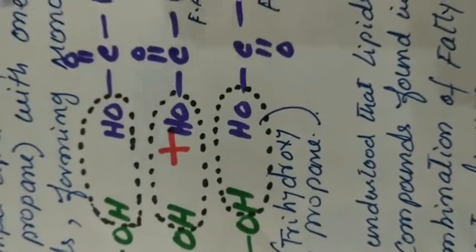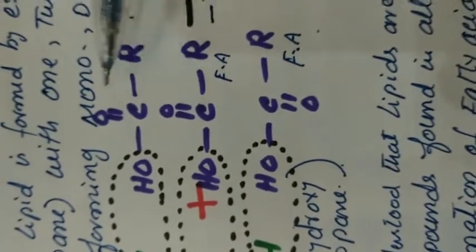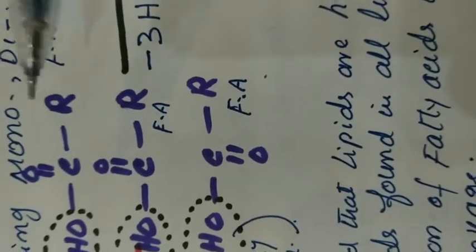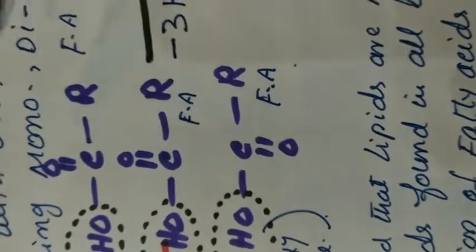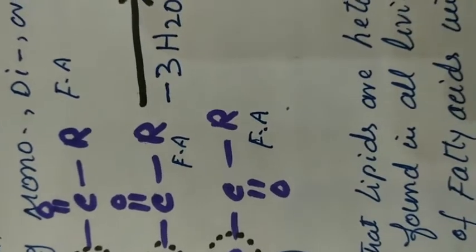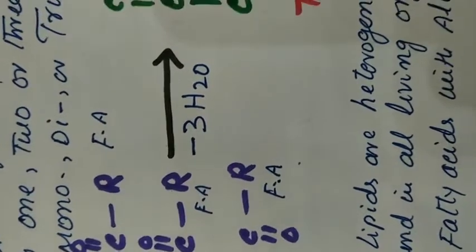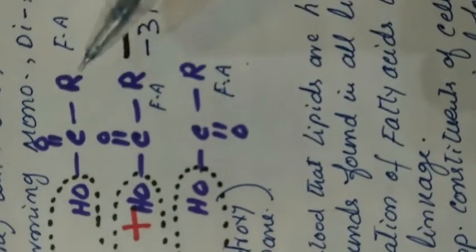Now this glycerol can combine with 1, 2 or 3 fatty acids, forming monoglyceride, diglyceride or triglyceride. If 3 fatty acids combine with the 3 hydroxyl groups of the glycerol, a triglyceride is formed, which is a form of lipid. As depicted in this reaction, this is the glycerol, and every hydroxyl group gets attached to one fatty acid chain.